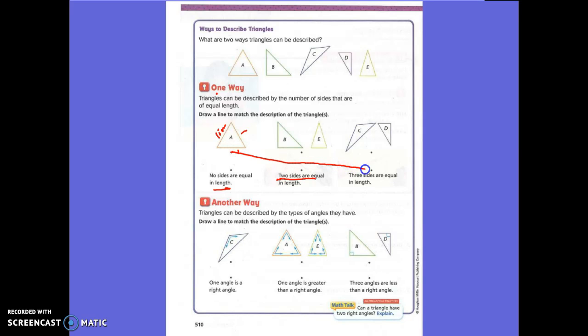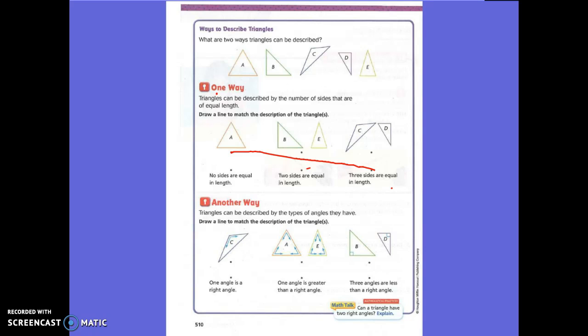All three sides are equal in length. So A needs to connect to those words way on the opposite side. All three sides are equal in length. Okay, so we are matching this shape with those words because this shape has three sides of equal length and the word says three sides of equal length.